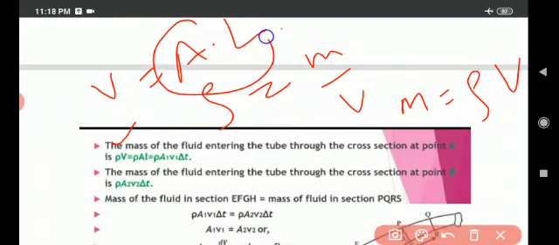This rho V is equal to rho A into L, because volume is equal to A into L. A is the area of cross section of the tube, and L is the length of the tube. Therefore, this is also volume.